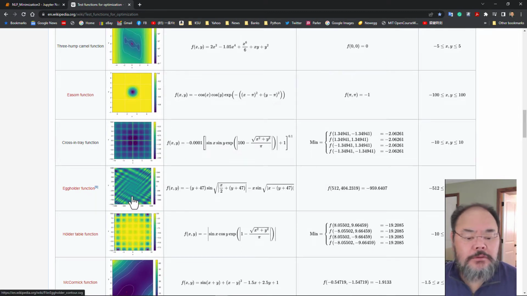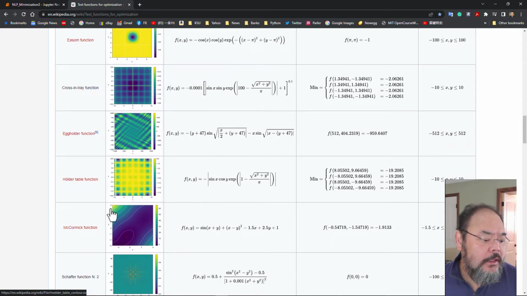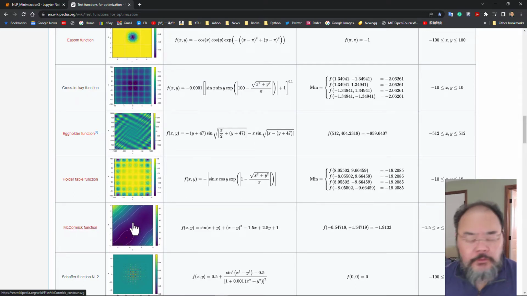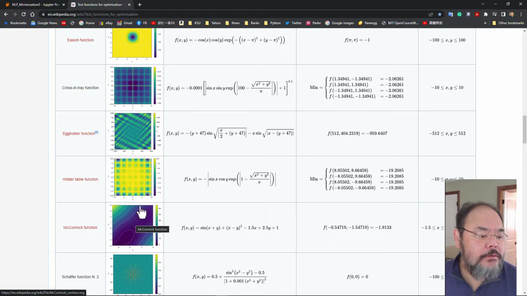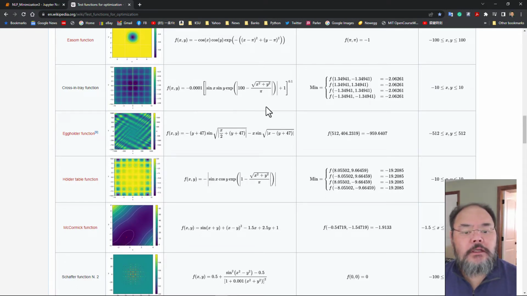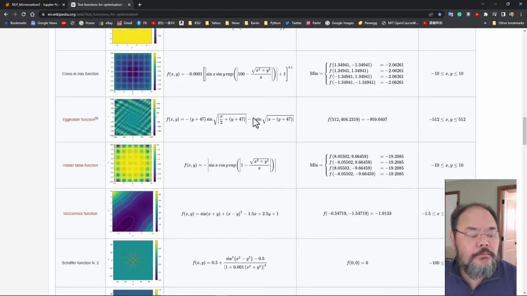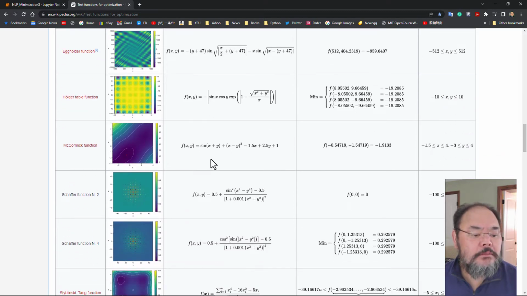Its shape is almost like an egg holder you have in the grocery store. The Mccormick function is also very popular, and some of our research articles use these functions to test our new developments in optimization algorithms.